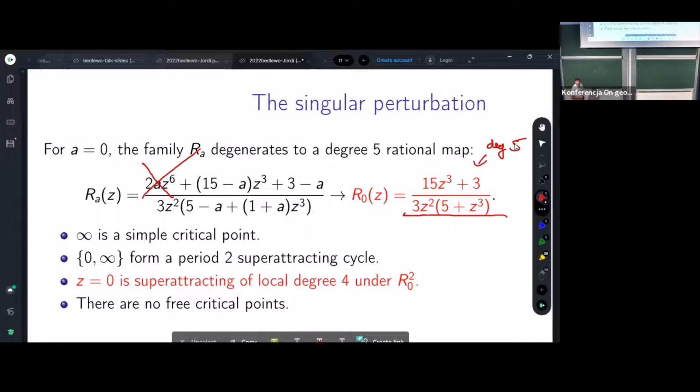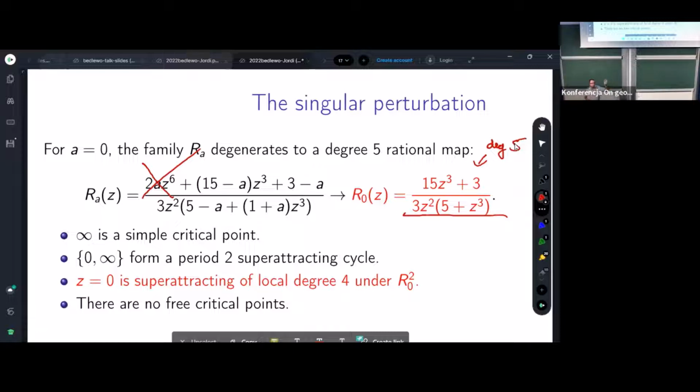Now we need to understand what the dynamics is. Once you have the degeneracy parameter, you need to start by studying the degenerate rational map. Notice that the degree of the numerator is 3 and the degree of the denominator is 5. This means that infinity is mapped onto 0 now. Before, infinity was a fixed point.